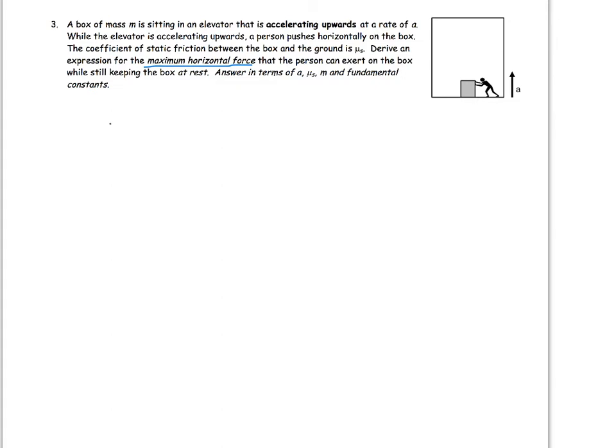So we start, of course, with our free body diagram. We have our normal force going up. We have our force of gravity going down. We're pushing it to the left, or at least that's the way it appears in the diagram. So that's the way I'm going to draw it. And my force of friction then is going to be going back to the right.